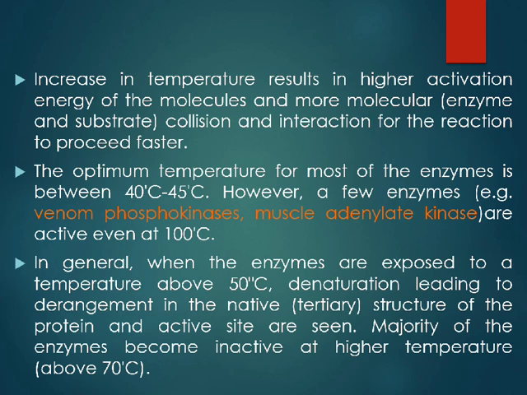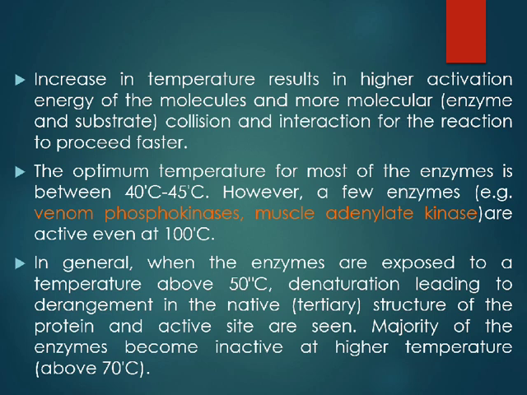There are some exceptional enzymes, like venom phosphokinase and muscle adenylate kinase, that will remain active even at 100 degrees Celsius. In general, when the enzymes are exposed to temperatures above 50 degrees Celsius, denaturation occurs, leading to the derangement in the native structure of the protein, and the active site is affected.